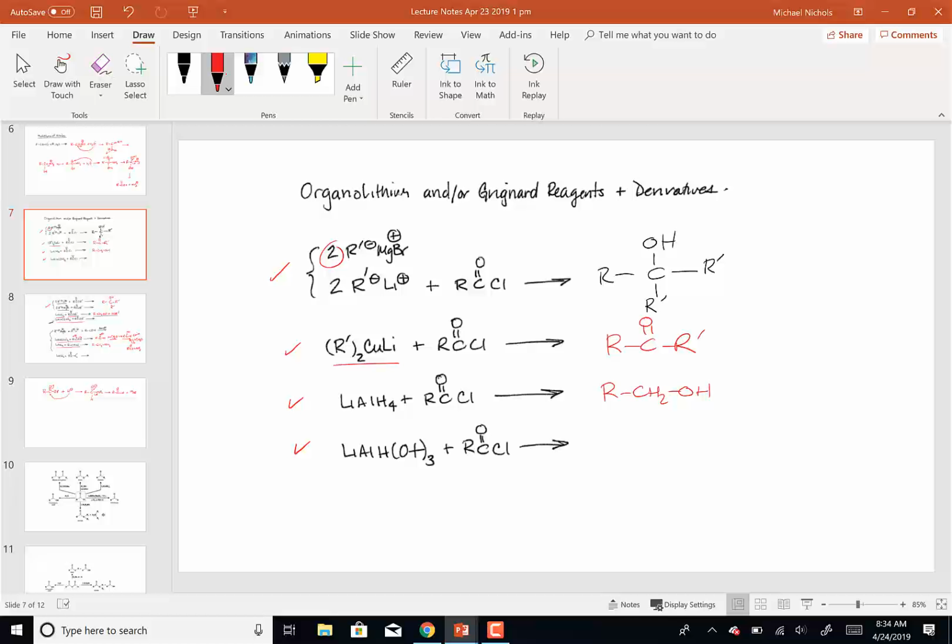When I add lithium tri-tert-butoxyaluminum hydride, how many hydrogens do I have available? Uno. And so if I add 1 hydrogen, what's that going to do? Replace the chloride, so what product do I make there? I make the aldehyde.